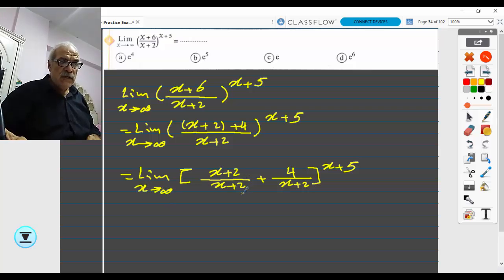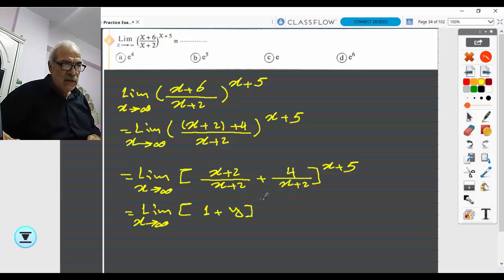X plus 2 over x plus 2 equals 1. So it is equal to the limit, when x tends to infinity, of 1 plus 4 over x plus 2.